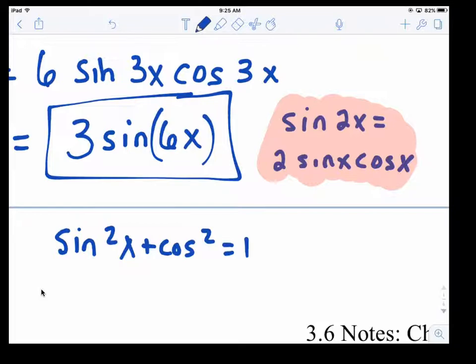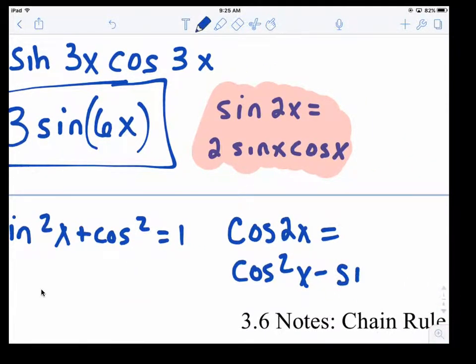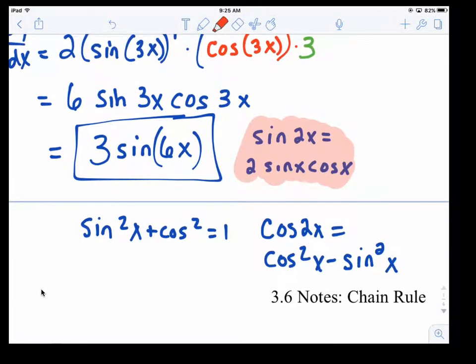Okay. Yeah, so the other one would be cosine of 2x is cosine squared minus sine squared. So these three show up a lot.